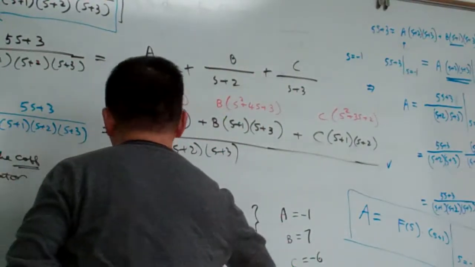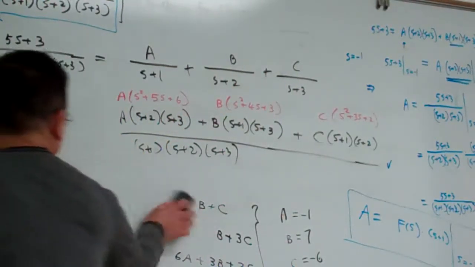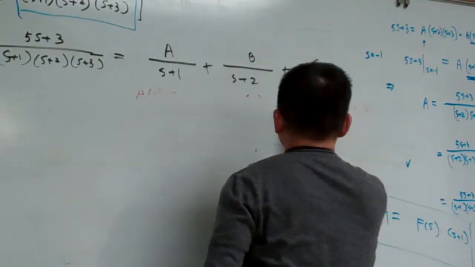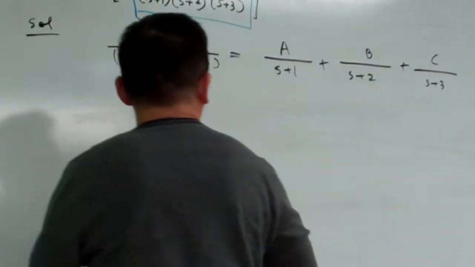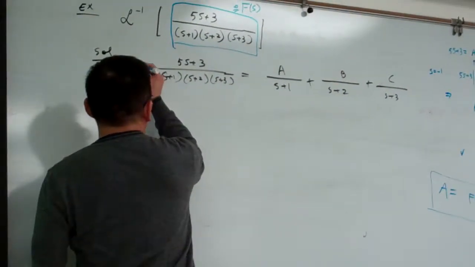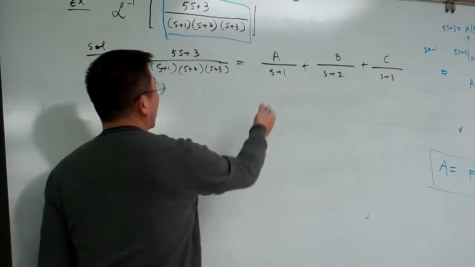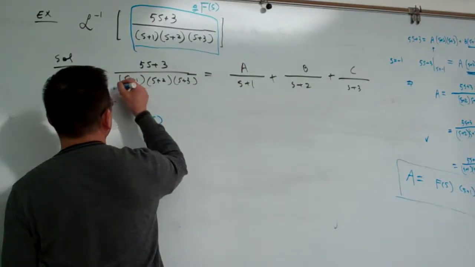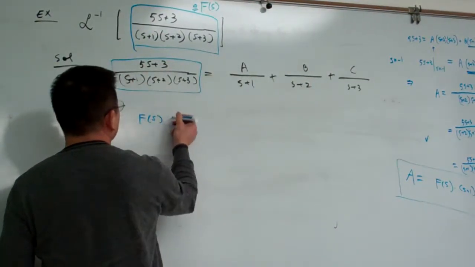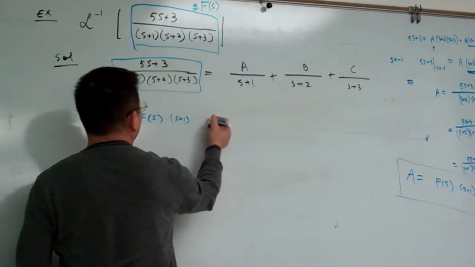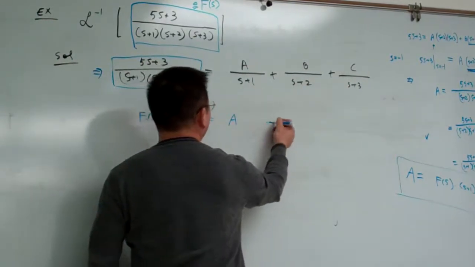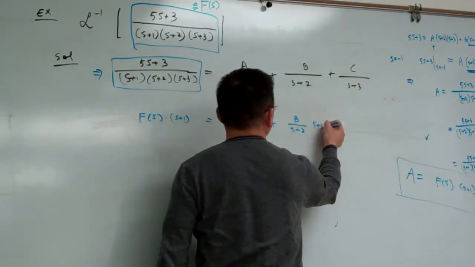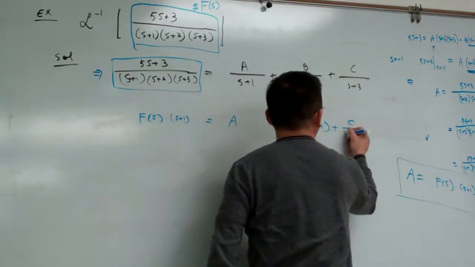So let me do this one here. Based upon these equations, we want to determine A. You simply take this, our f of s, times (s plus 1), and it will be equal to A standing out, plus B(s plus 1) over (s plus 2), plus C(s plus 1) over (s plus 3).